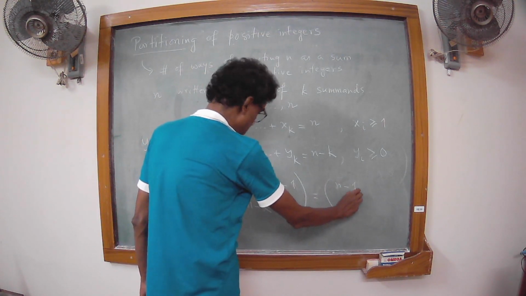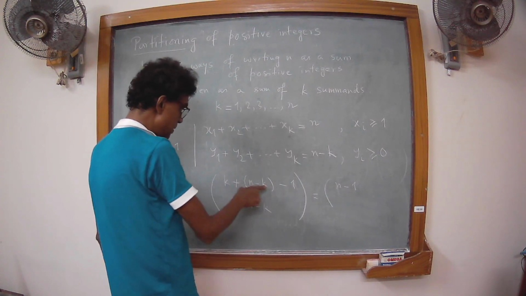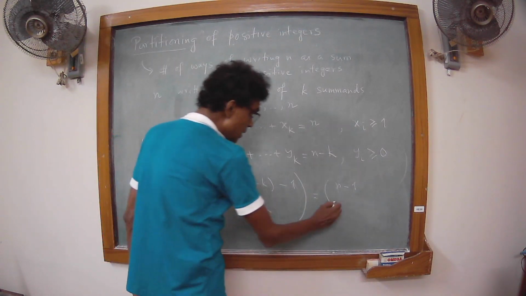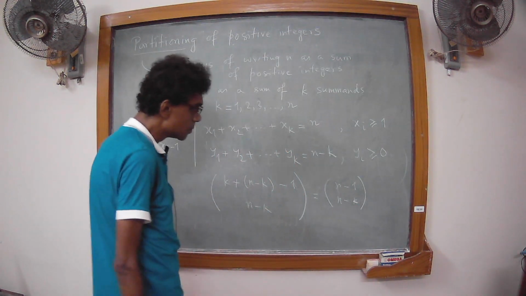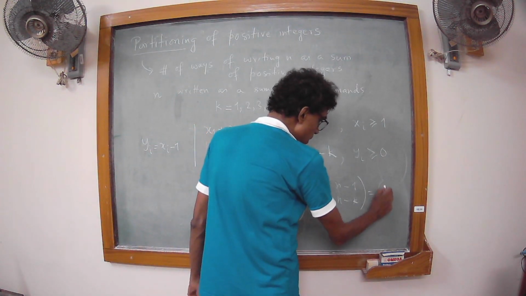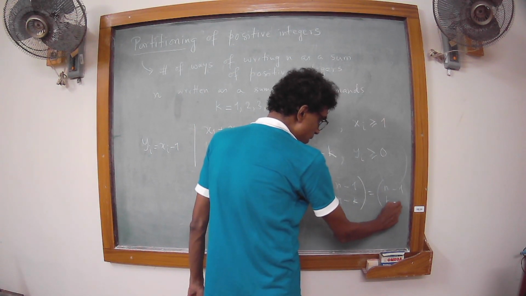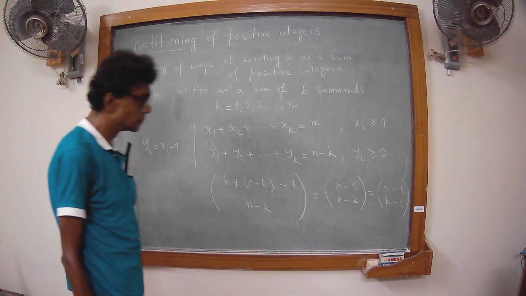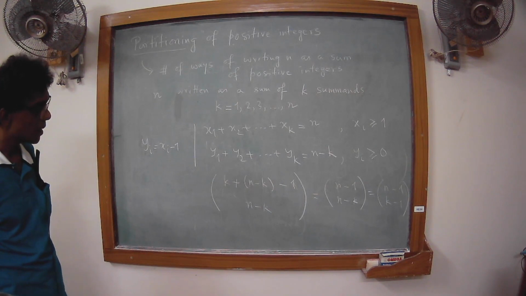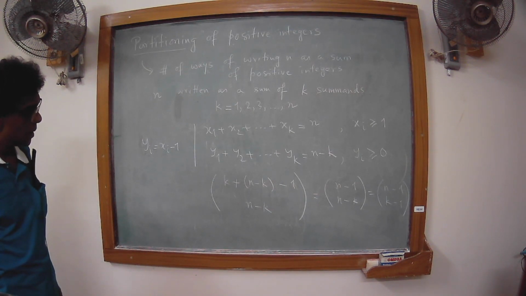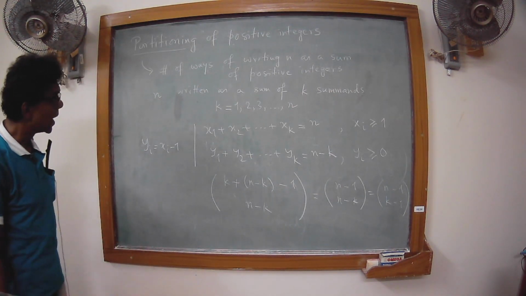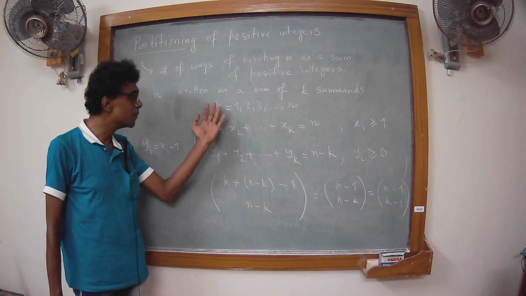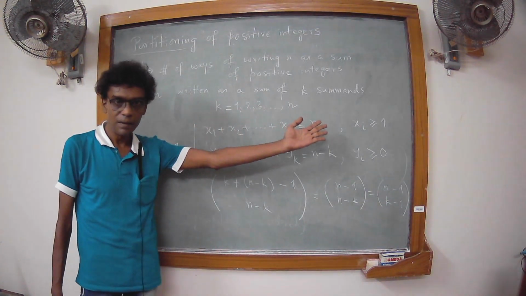It is n minus 1 choose n minus k, since the k and this minus k cancel. I can write it as n minus 1 choose k minus 1. Now k can take any of the values 1, 2, 3 up to n.